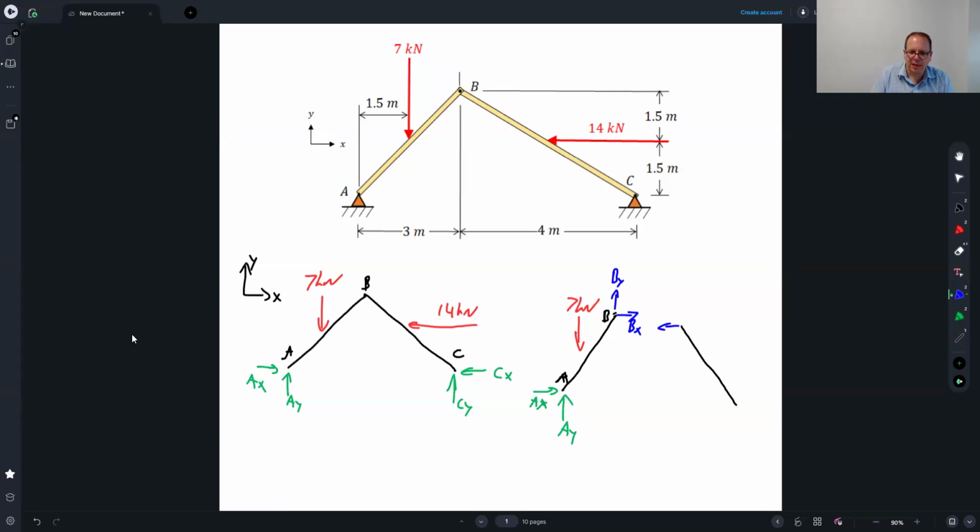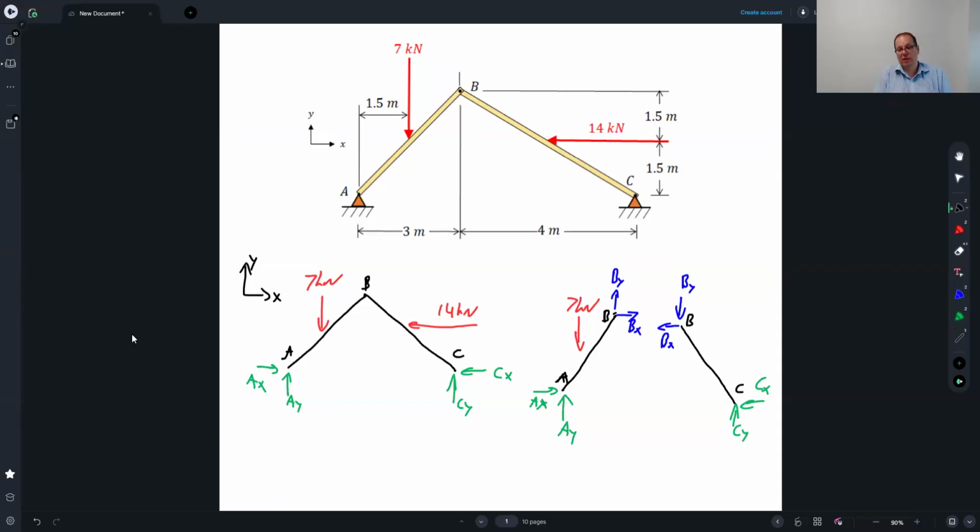We have our BX in that direction because we have the to the right there, and then downwards for BY. And then our two support reactions, we had CY upward and CX to the left. And now we can put our names on this. That was B, and that was C.